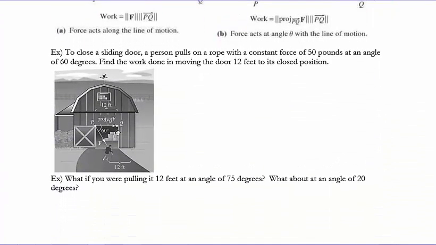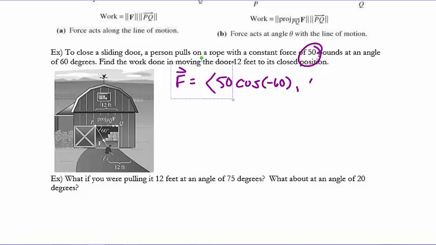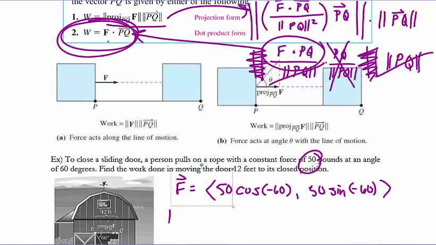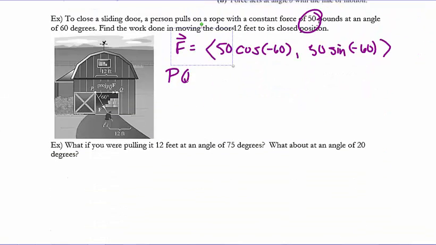So let's say I want to slide a door closed using an angle of 60 degrees, and I have a 50-pound force. Well, then my force vector is 50 cosine negative 60, because technically I'm pulling underneath here, and then 50 sine negative 60. That's my force vector. And then my PQ vector is just the distance I travel, which is to the right.